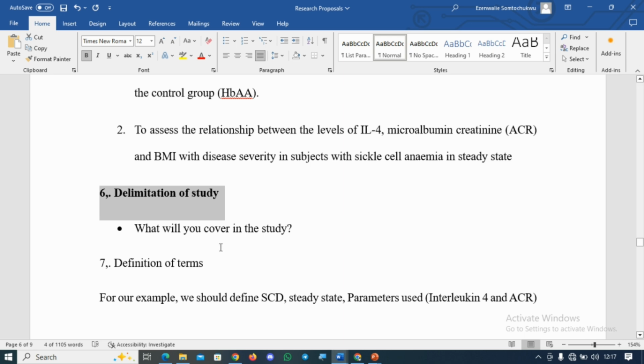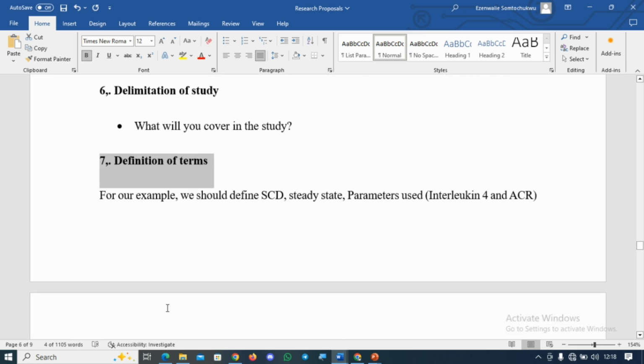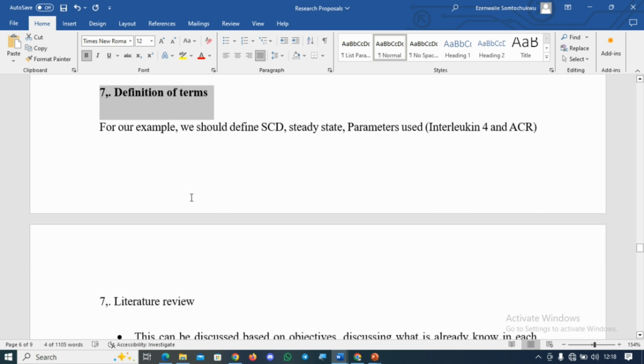Then we talk about the key terms, definition of terms. This is where you begin to define the key terms in your work. For example, we talk about what sickle cell disease is, steady state, and then the parameters used in the research, which are interleukin and ACR.